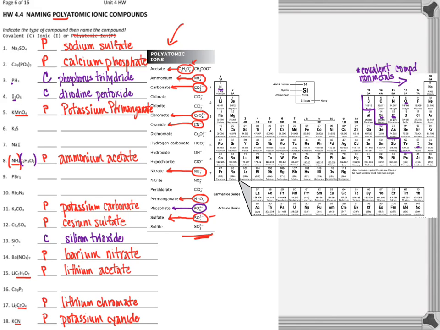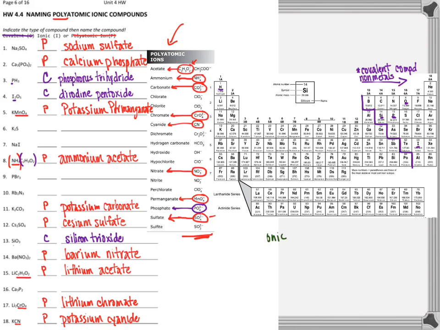Okay, and next I'm going to identify my ionic compounds. Cross out covalent. I'm going to use a different color so we can see them a little bit better. I'm going to use dark green. And I'm going to confirm that these are ionic. So what that means by ionic, it means that we're going to be dealing with a metal and a non-metal.